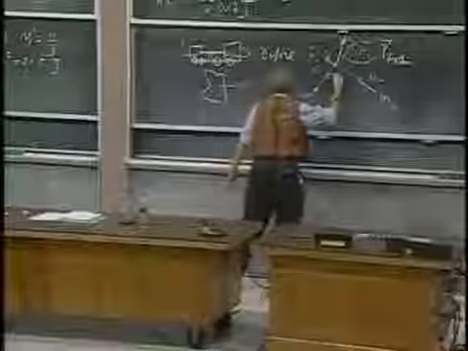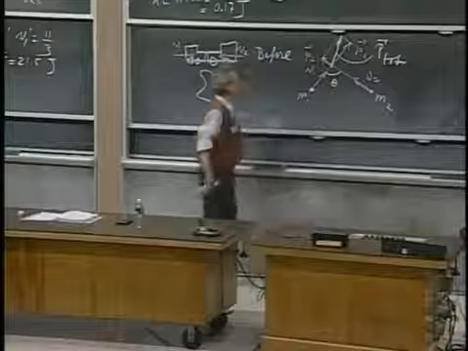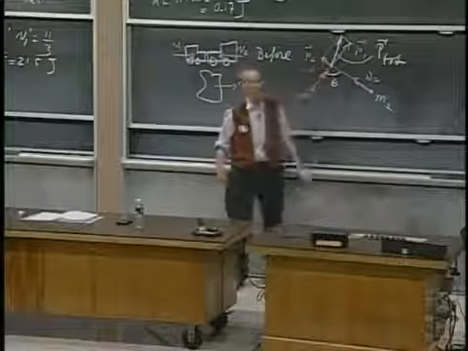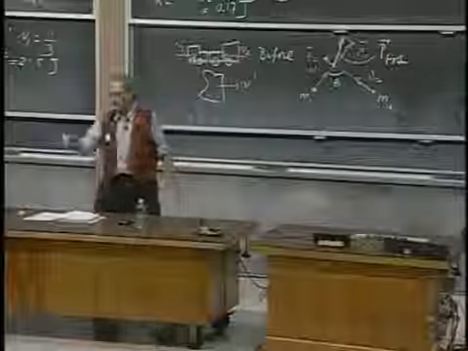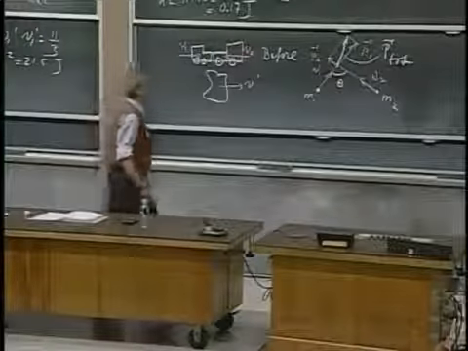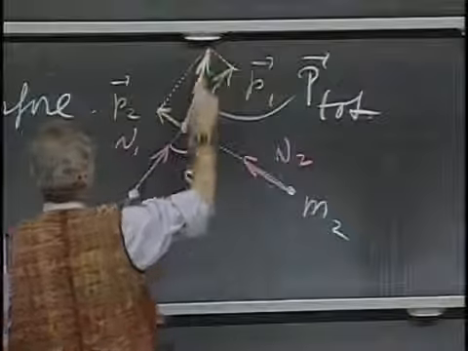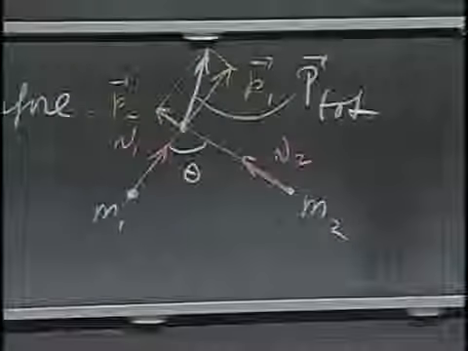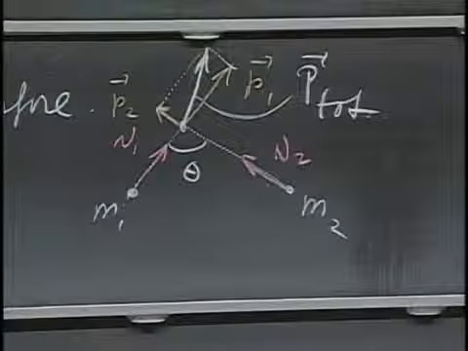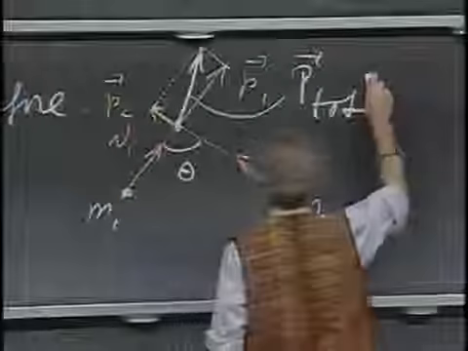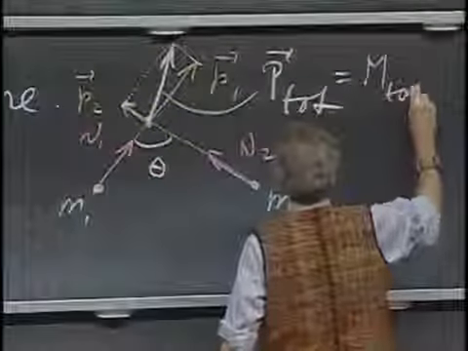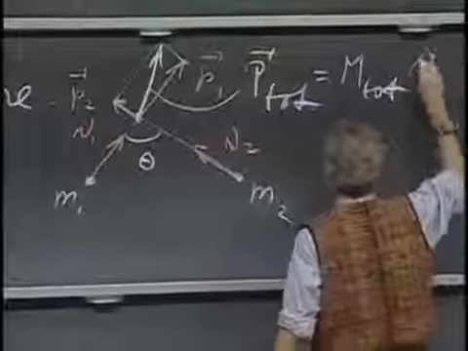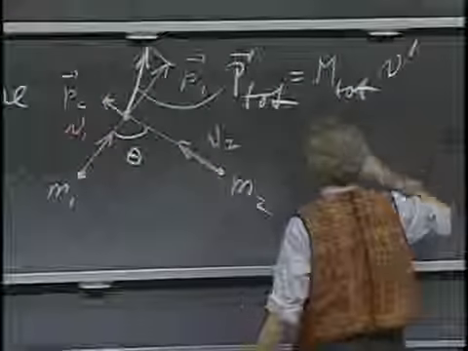And therefore, if you knew this angle theta, and you know P1 and you know P2, then you can calculate in what direction the objects are going to slide. But of course, you can also calculate then the velocity after the impact, because this total momentum must be the sum of the masses of the two cars times v prime.